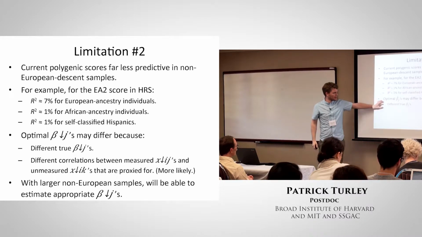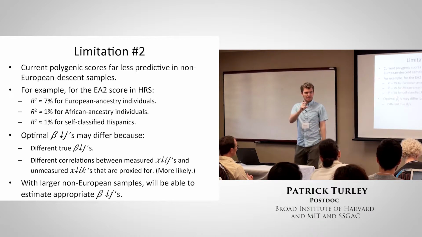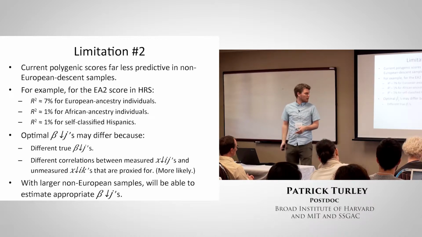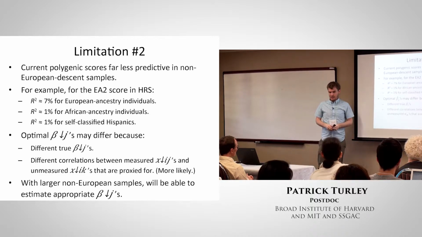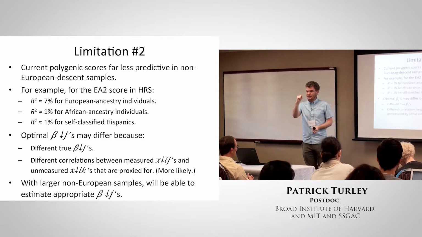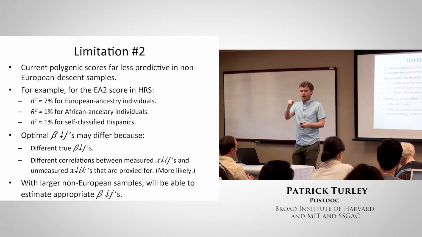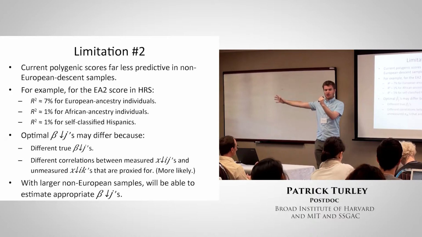It could just be that people in these different groups have different causal effects. So the effect of a specific SNP is different in one group than another. What I think is the more likely problem, what contributes to most of this difference, is that there's differences in LD. You remember, our SNPs, because they're the Bs and not the betas, are tagging SNPs that are not included in our data set to some degree.